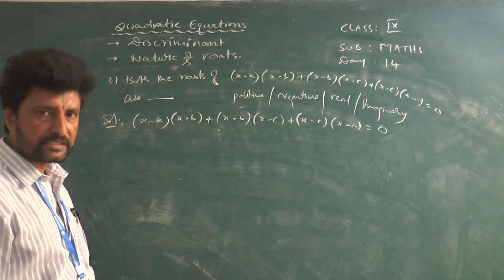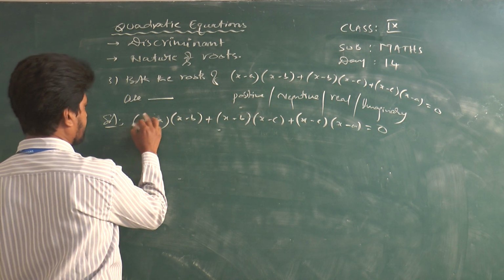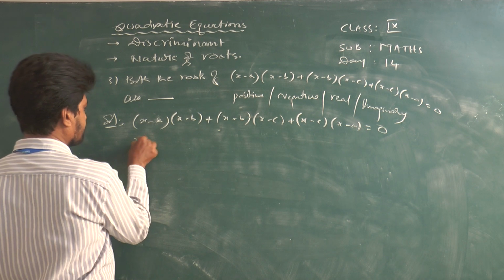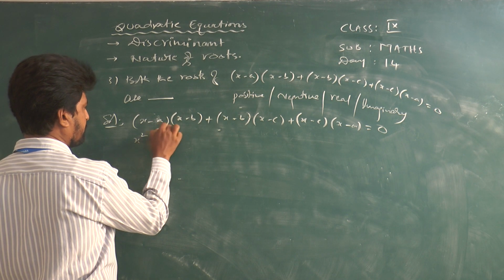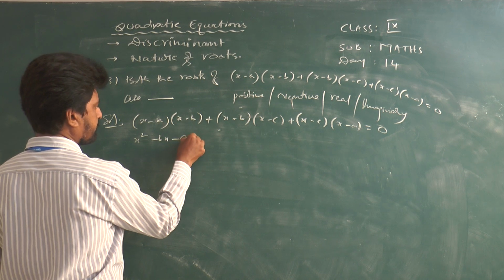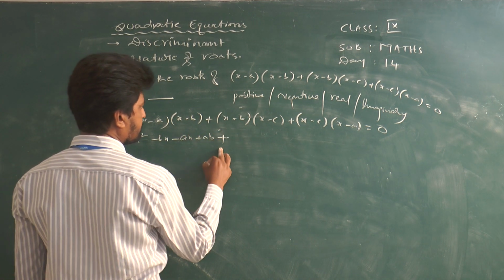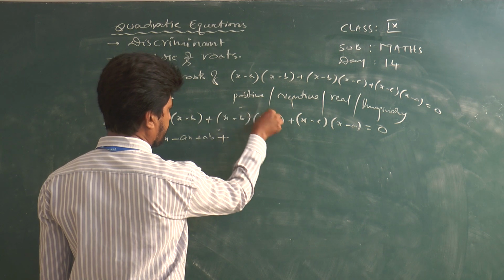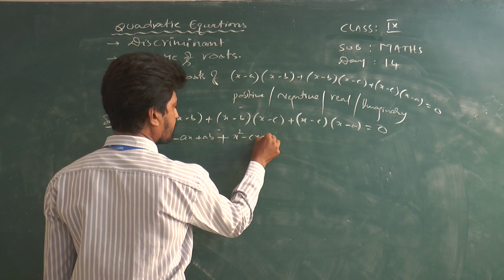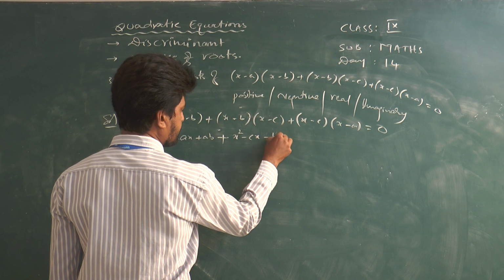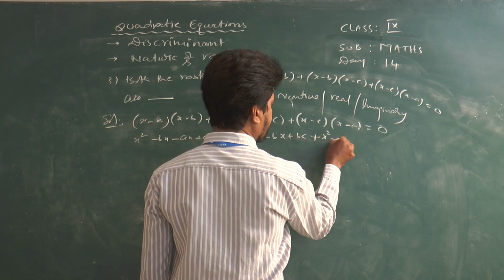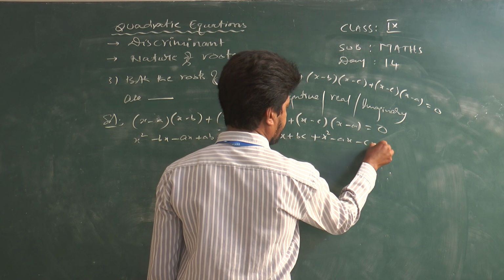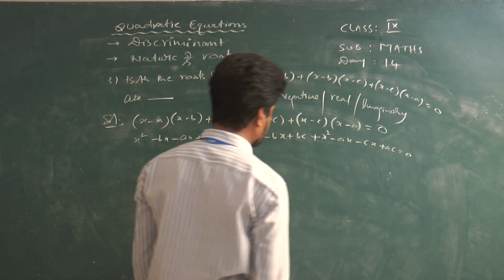Now to simplify, first let us multiply. x multiplying gives x square minus bx, and minus a multiplying gives minus ax plus ab. Similarly x square minus cx minus bx plus bc, and here also x square minus ax minus cx plus ac equal 0.